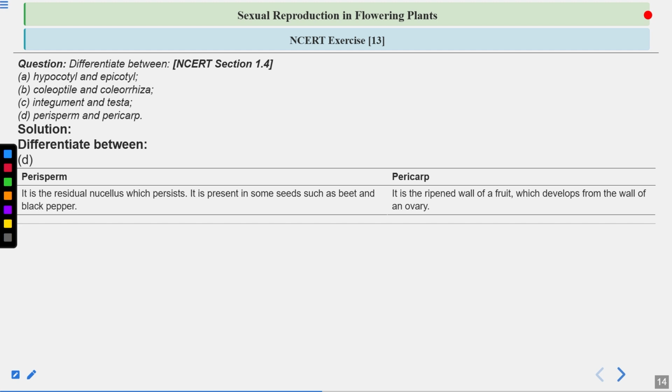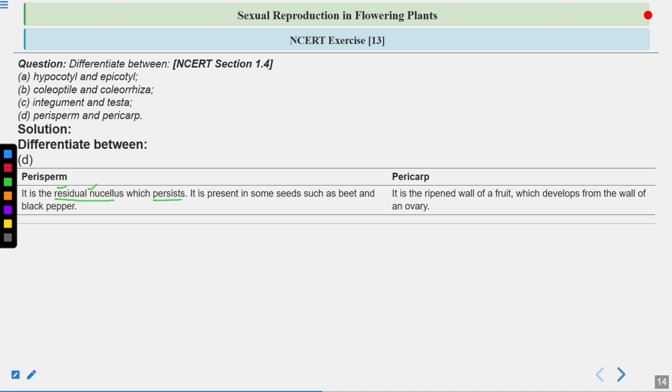But it is not all used. Sometimes some part is left over, and that part of the nucellus is called the persistent nucellus, not the endosperm. Actually, this is the nucellus.